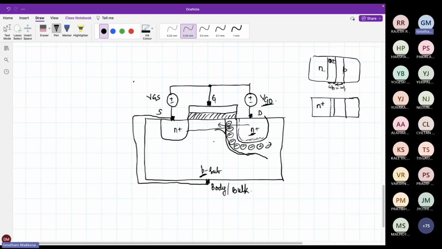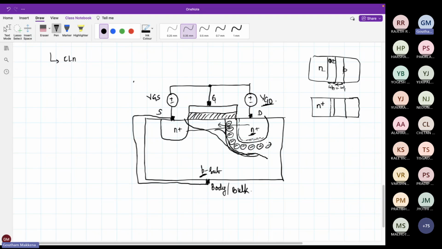Maybe technological parameters also differentiate. And if it is a very short channel device, sometimes this depletion region might eat into the entire channel as well. So there are so many second order effects.